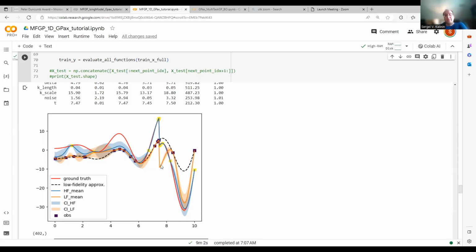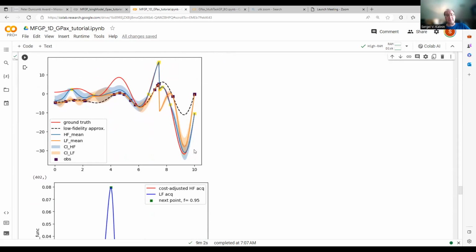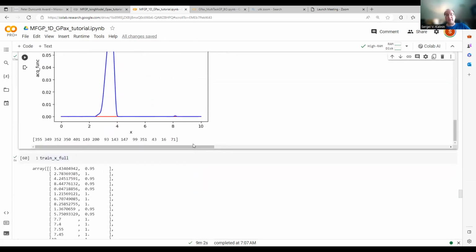So if the high fidelity function has a jump, then the algorithm thinks that the low fidelity also can have one. Practically, that can be a limitation, but in order to incorporate it as part of the active learning process, we basically need to develop algorithms that allow us to pass some of the beliefs from low fidelity to high fidelity spaces, and those have to be based on the domain expertise.